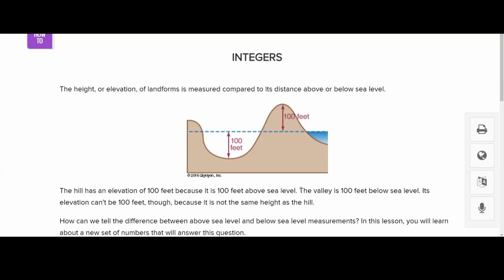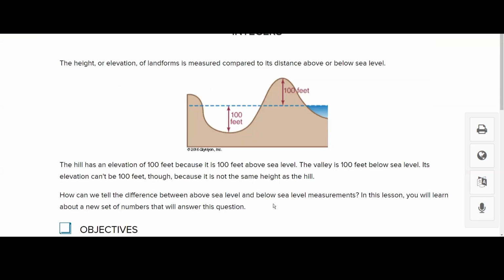Then the valley is 100 feet below sea level, so its elevation can't be 100 feet, though, because it is not the same height as the hill. Let's take that again. The valley is 100 feet below sea level. Its elevation can't be 100 feet, though, because it's not the same height as the hill.